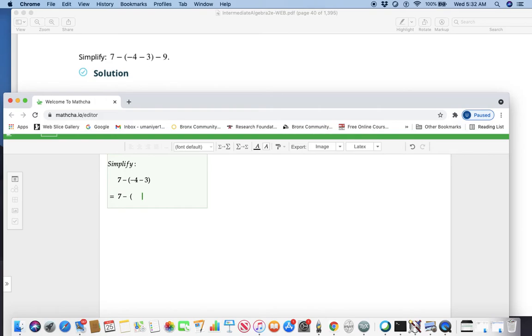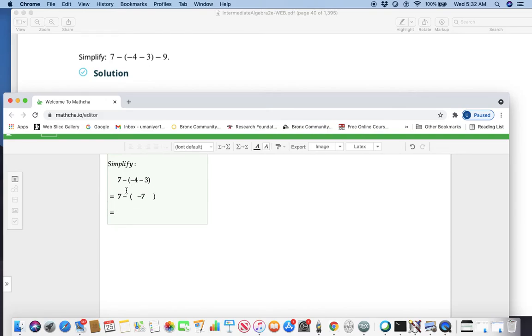Inside parentheses will resolve first. Negative 4 minus 3. So you start with a negative and you're taking away something. So you're going to be more negative inside. Negative 7.